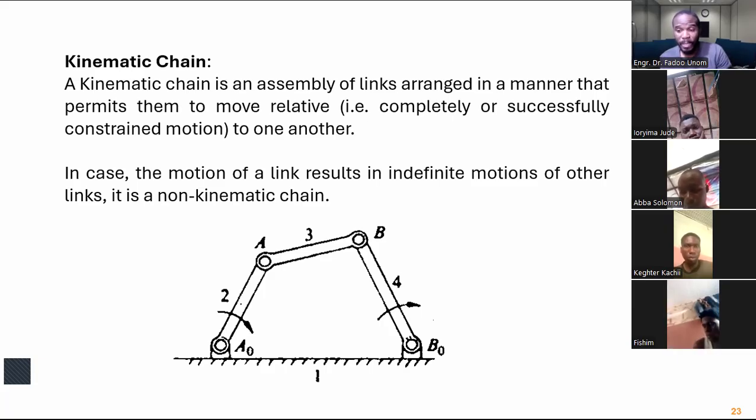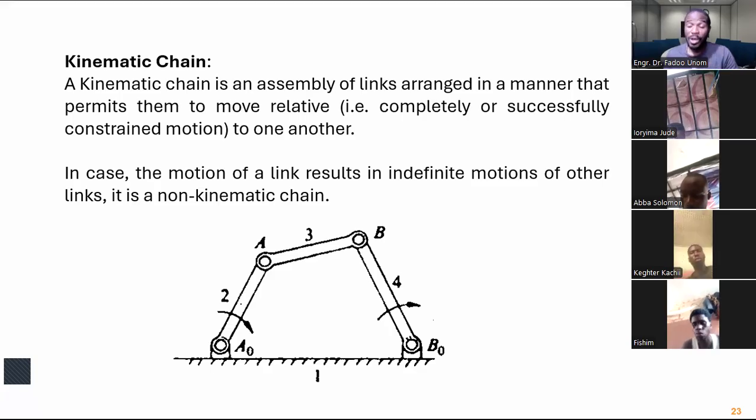So note again that these links are connected in such a way that they allow relative motion between themselves. As one moves, the other is also allowed to move relative to that one. But that's not the only criterion. They also have to be in such a way that we can predict exactly how the rest of the links move when we move one of the links.